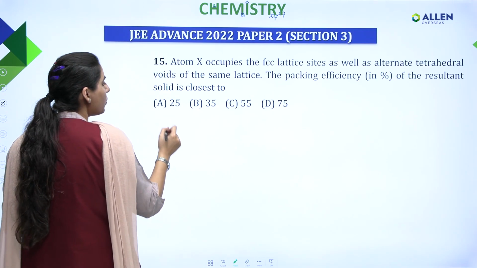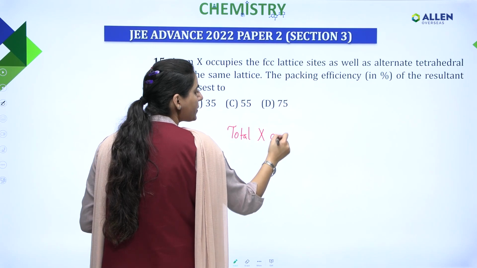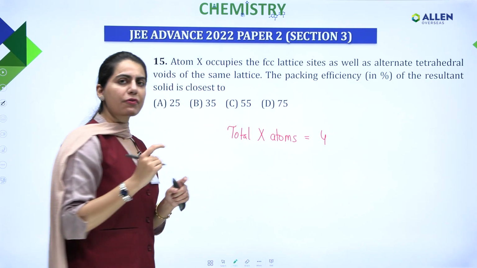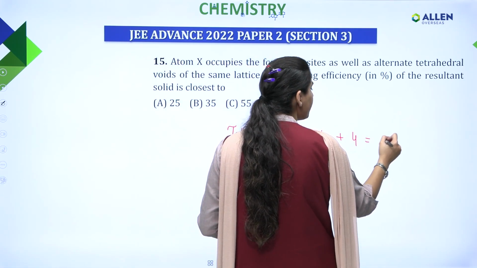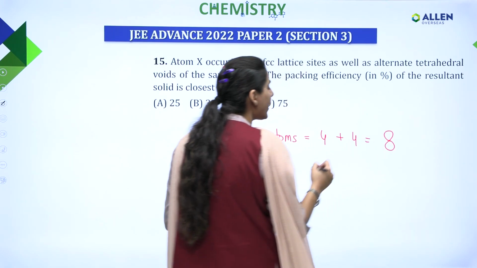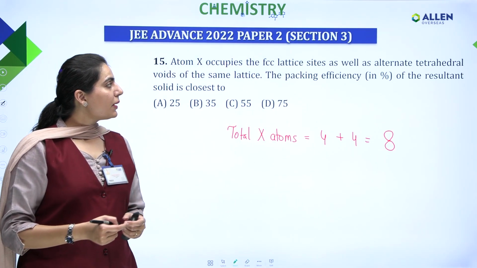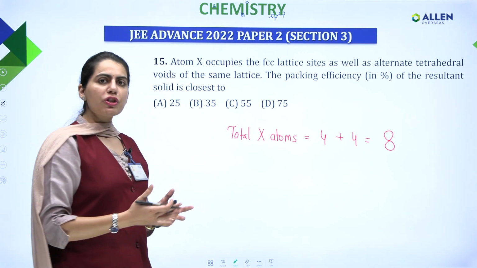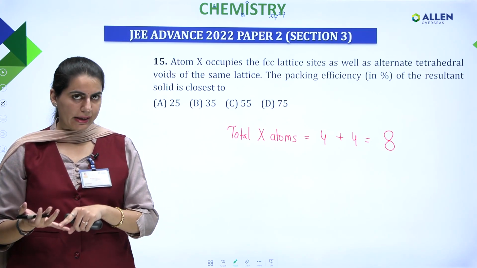So if I talk about the total X atoms, then that will be 4 because it is making the FCC lattice, plus 4 because of alternate tetrahedral voids where it is sitting. So the value of X atoms is 8 in my unit cell. After that, we have to keep in mind that they are asking us packing efficiency. So for packing efficiency, we need to know a relation between radius and side.